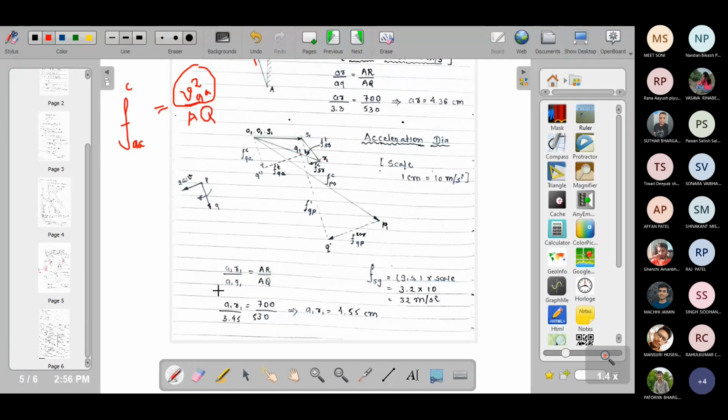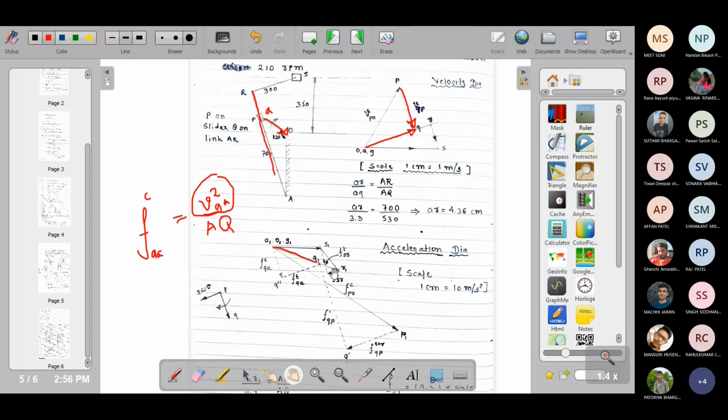Now I have got this point Q. Now I can join this point. Now point R: the sequence is A, Q and R on this line, so I can extend this line, and R is somewhere here.